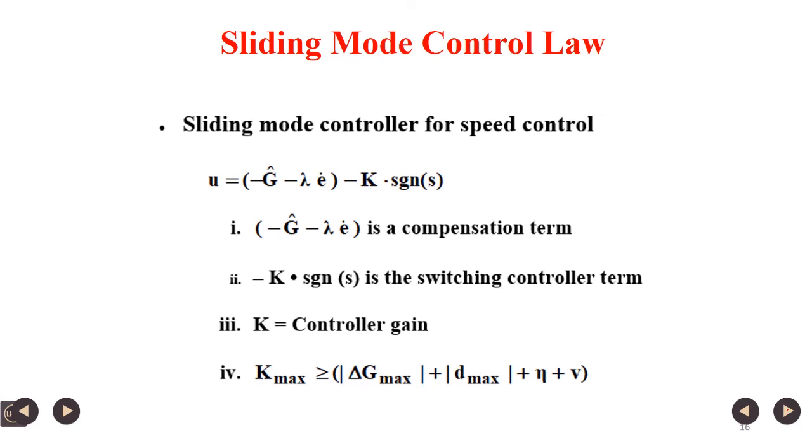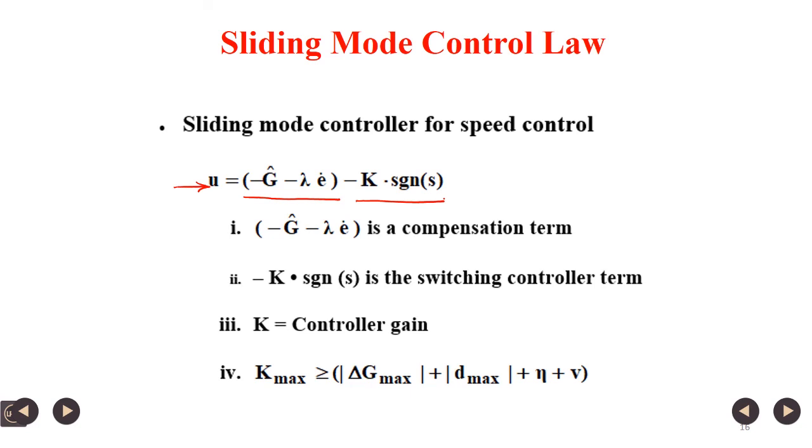So, sliding mode control is already discussed in some class. Sliding mode control law is like this. So, this is a typical sliding mode control law. U is the sliding mode controller output, and there are two terms. The first term, as I have underlined, is the compensation term, g minus g hat minus lambda e dot, and the second term, minus k sin of s, is the switching control term.